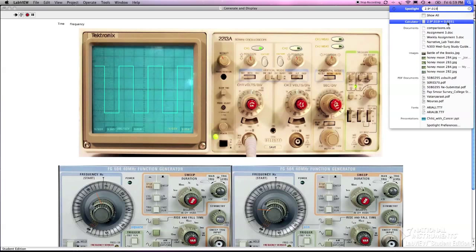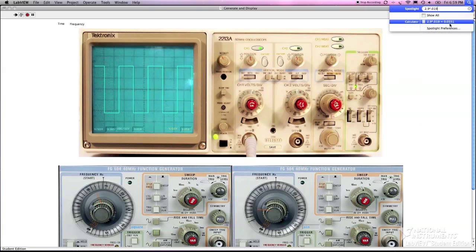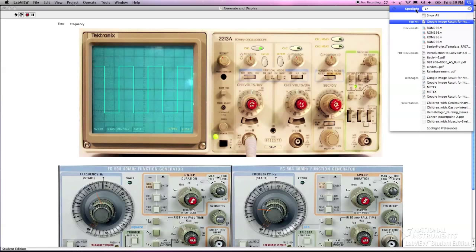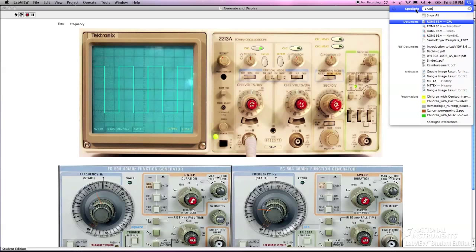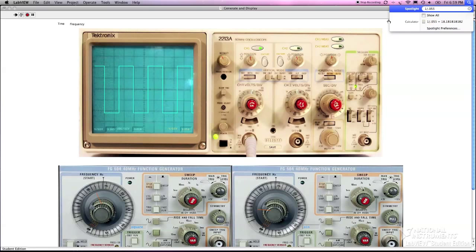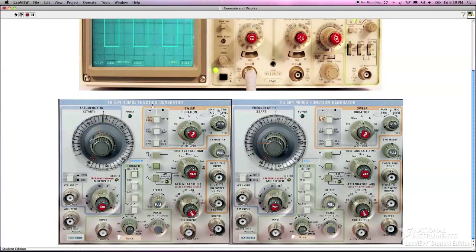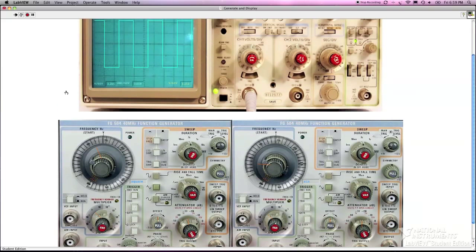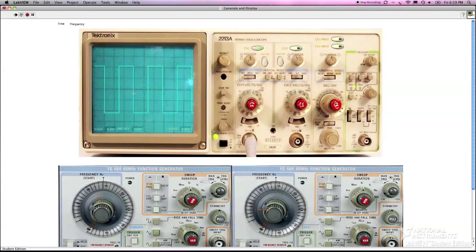And you get that number, 55 millisecond period, which is 18 hertz, I guess. And that is about what we have over here. So, give or take, it's hard to eyeball it.